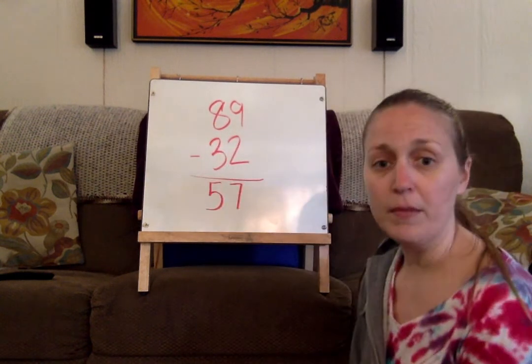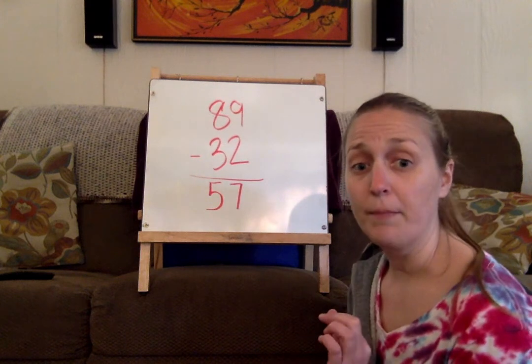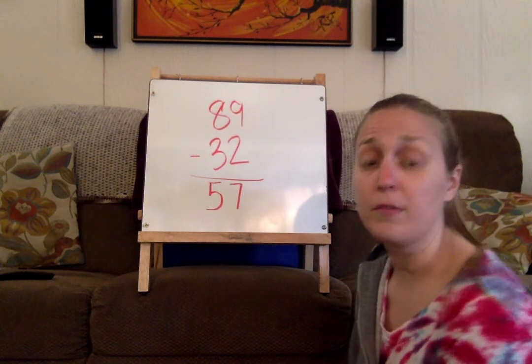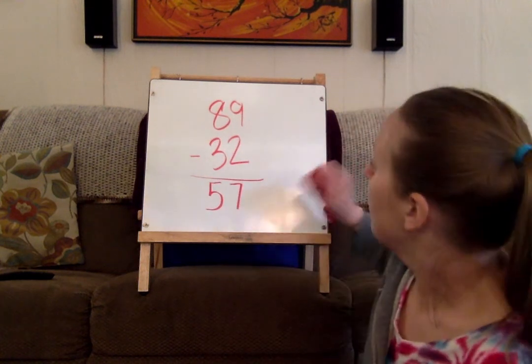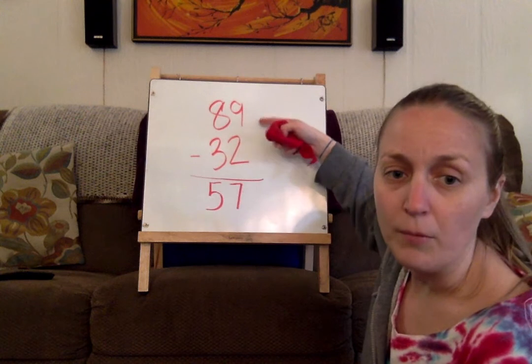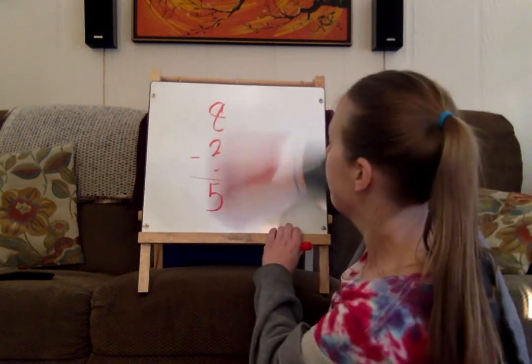So my answer is 57. I can also do a quick pick if I need to double check my work. This one the number on the top was bigger, so I didn't have to do anything to it.